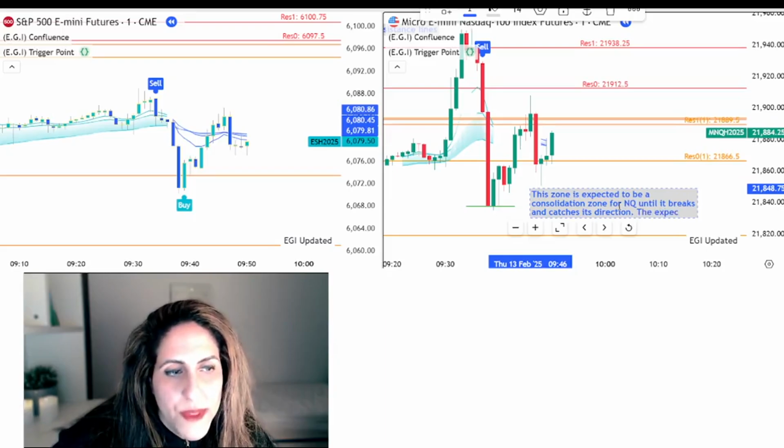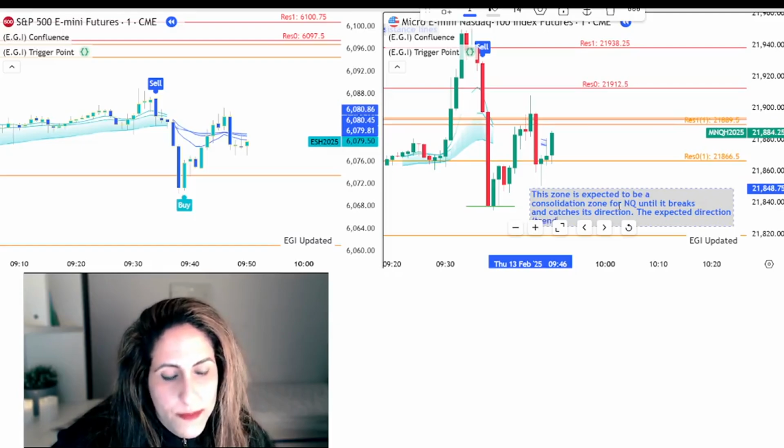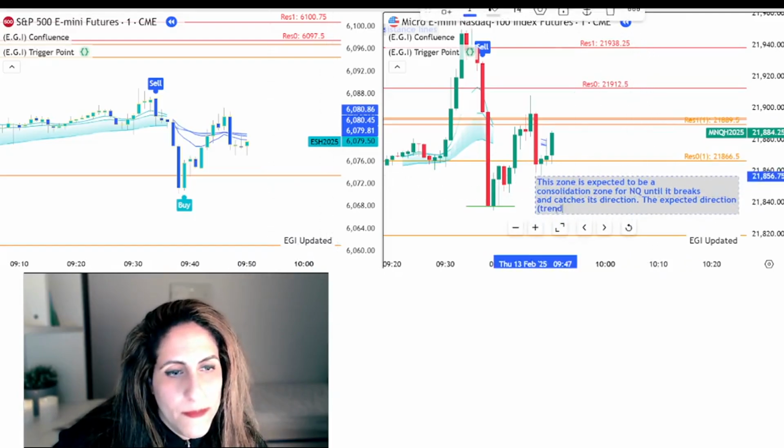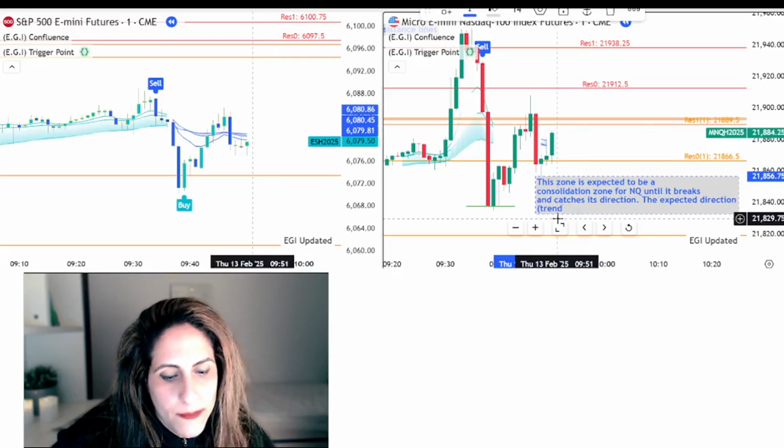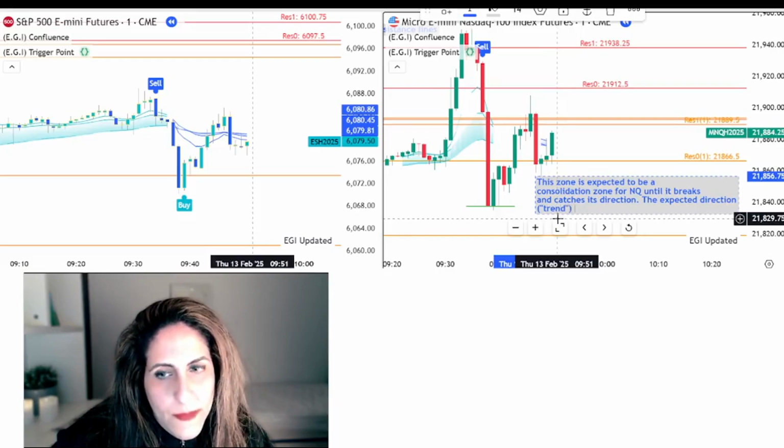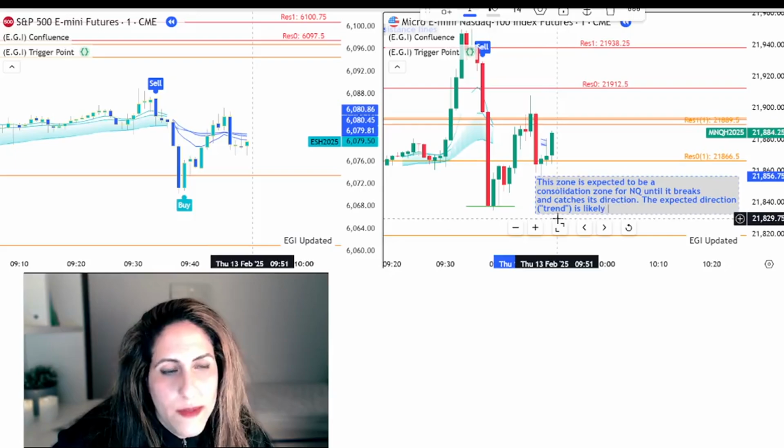The expected direction, what we call trend, likely to be an uptrend.